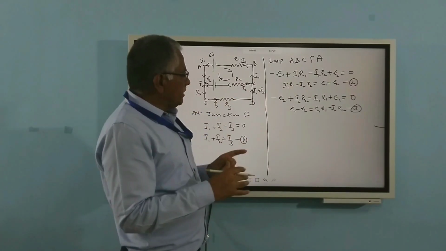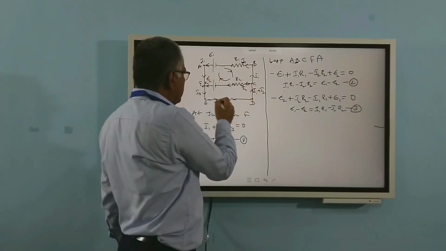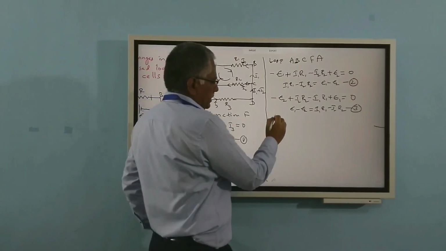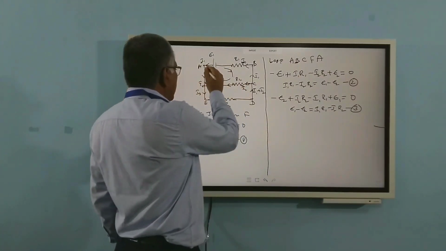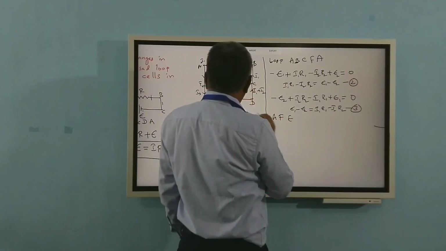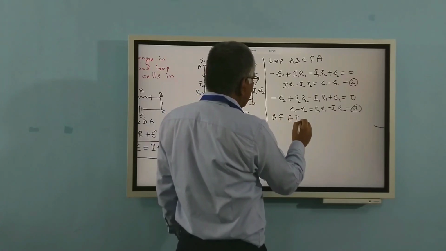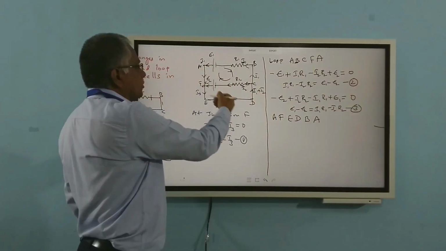Now, let us apply one more loop, that is, let us take the loop A, B, D, E, A. From reverse I will come here, A, F, E, D, B, A. In this direction we can go.